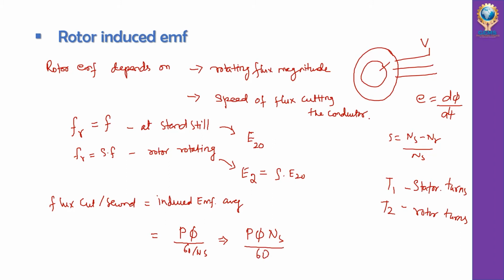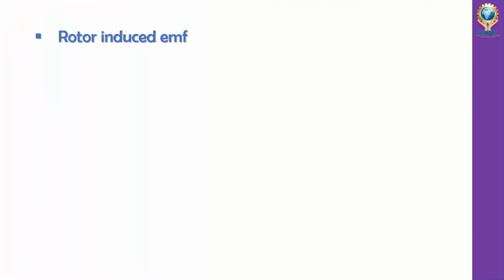So the average EMF is P phi ns divided by 60.